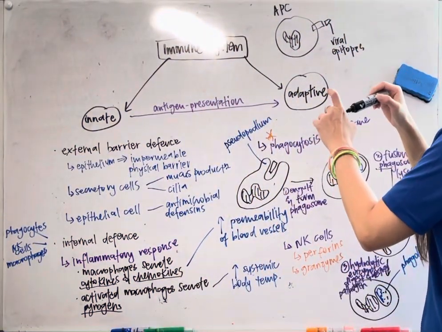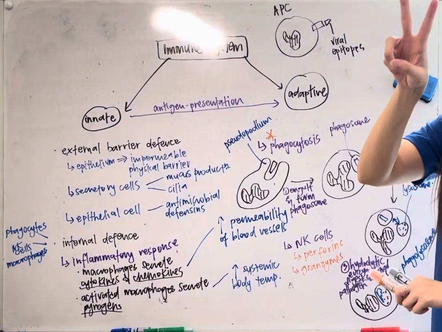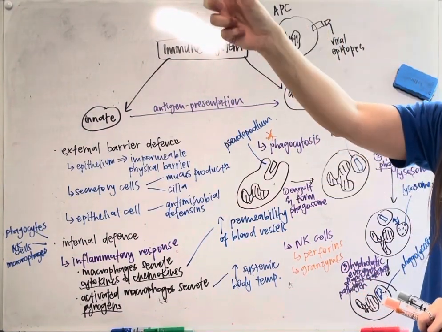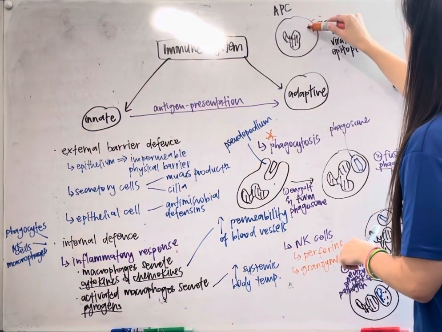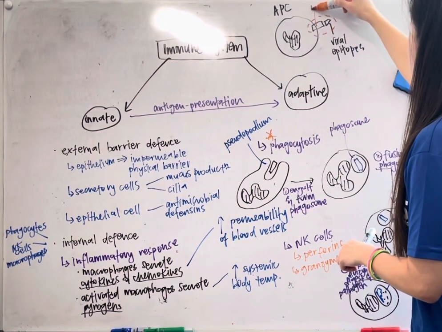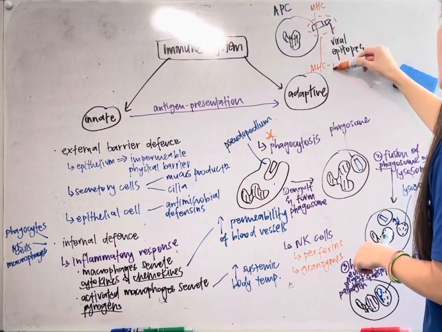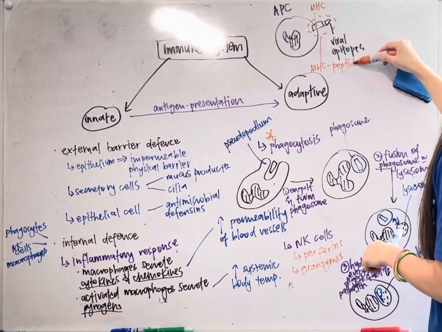I said already, in syllabus, you don't need to know the class of MHC, but you still need to write MHC peptide complex. I repeat, this entire thing is called MHC peptide complex.